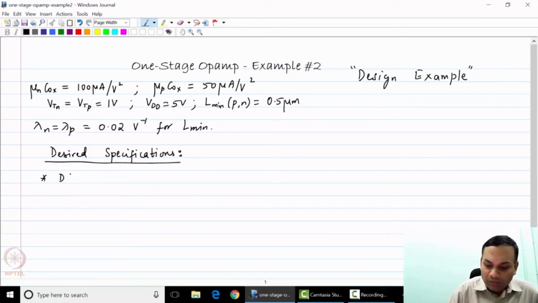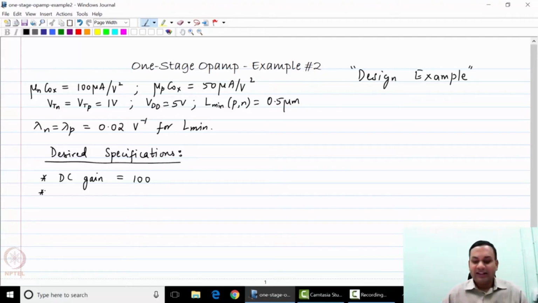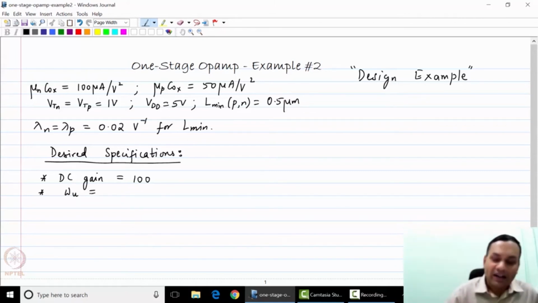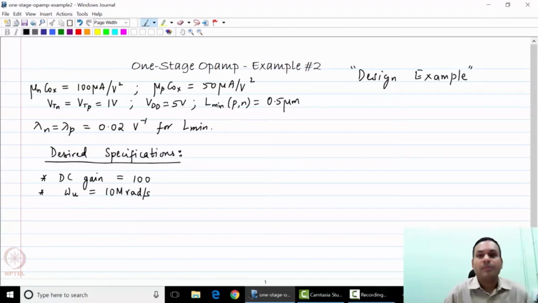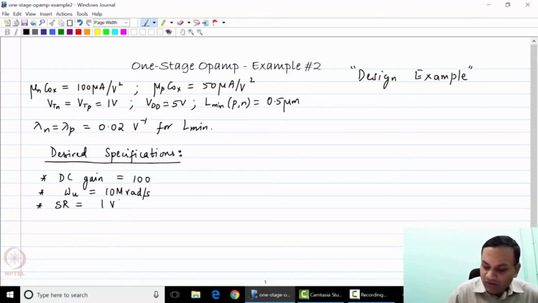So let us say that you need a DC gain of at least 100, and the unity gain frequency omega u should be equal to 10 megaradians per second. The slew rate of the op-amp should be 1 volt per microsecond.